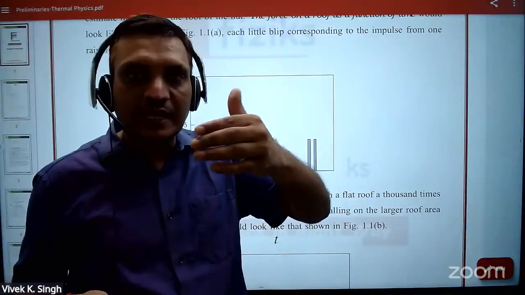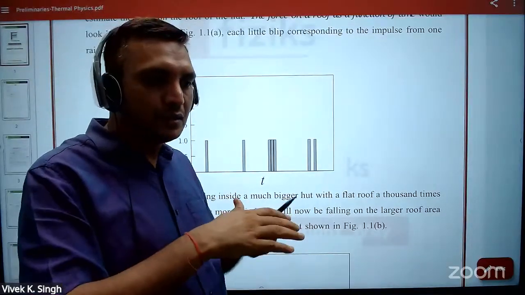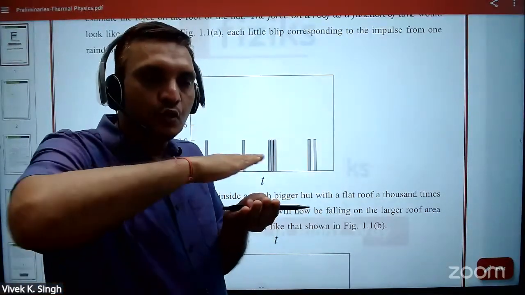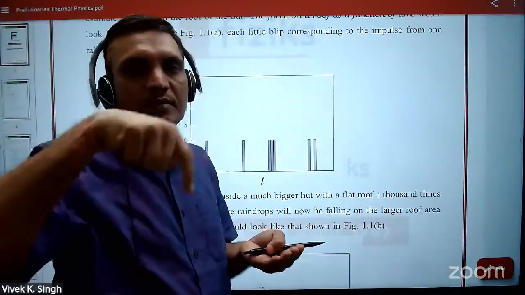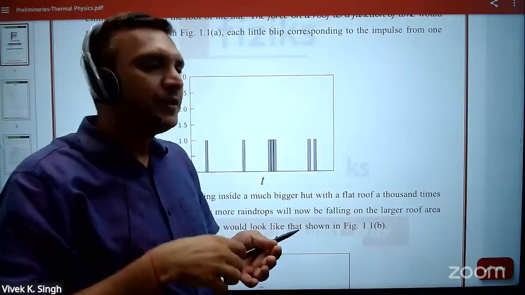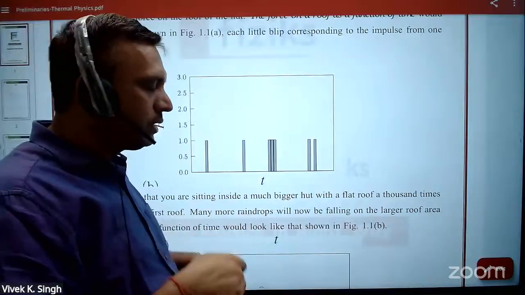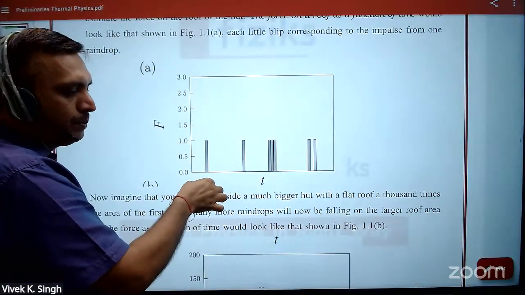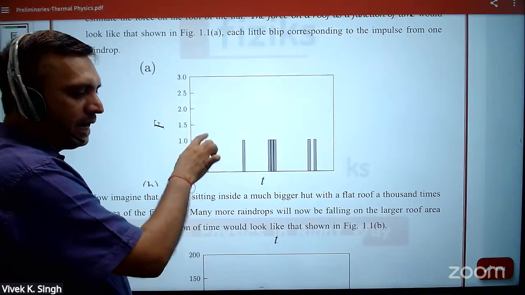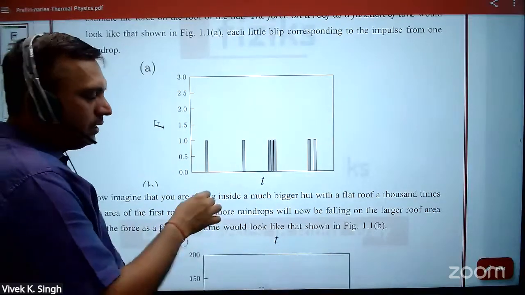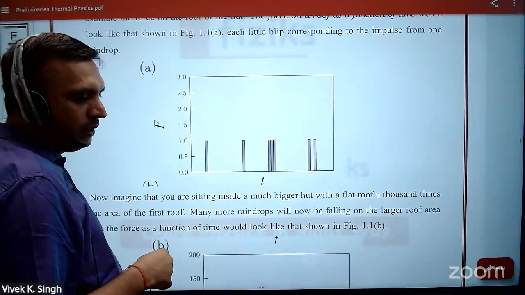Now to understand this, let's take an analogy. Suppose there is a hut whose roof is very flat and its size is very small, it's a small size, and raindrops are falling on it. So what will happen if the size is very small? Let's say at a particular time, one raindrop will strike it and transfer the momentum. Then in this time interval, no raindrop has fallen on it.